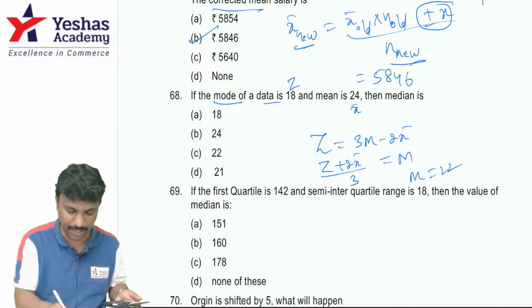So it is the 2.4th value, that means it lies between second and third. Guys, don't waste your time in arranging all the observations. Rather, you cancel off the first two observations in ascending order. So the least observation is 9, cancel it off. Next least observation is 10, cancel it off. So no, don't cancel it because we need the second and third observation. That means 10 and 12.